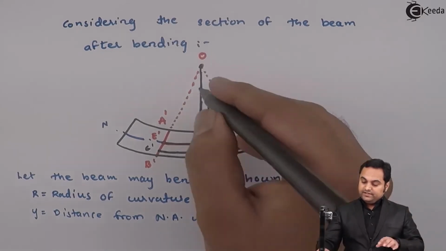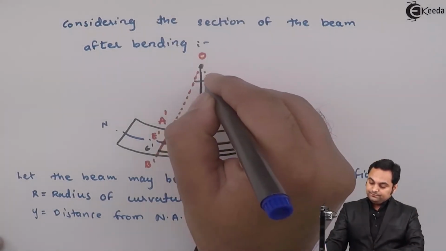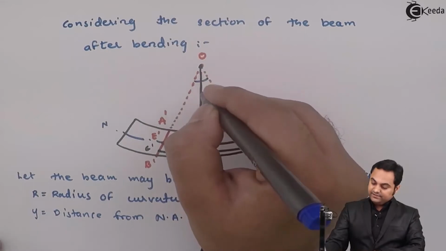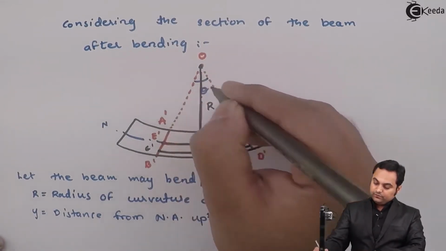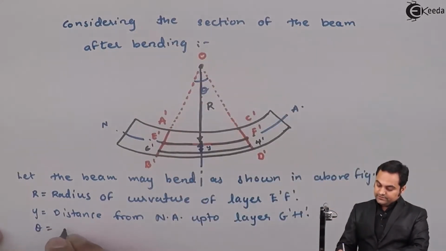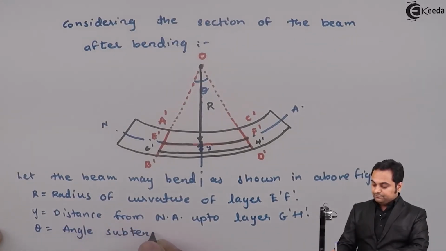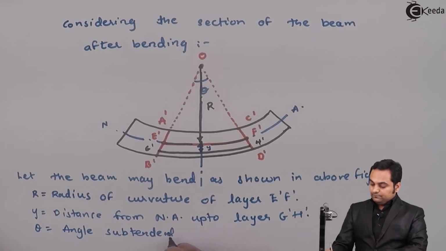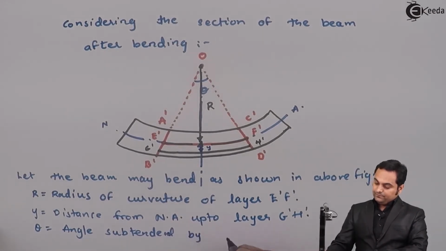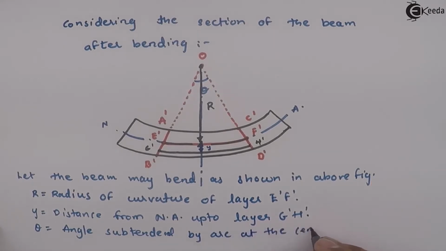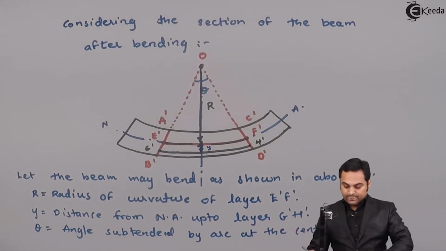Next, the angle here I'll take as theta. So theta is the angle subtended by the arc at the center.